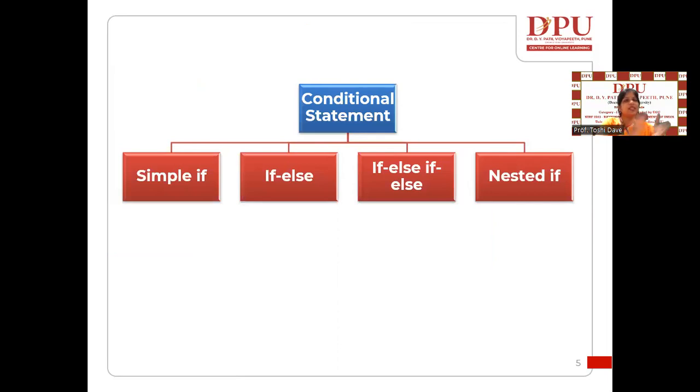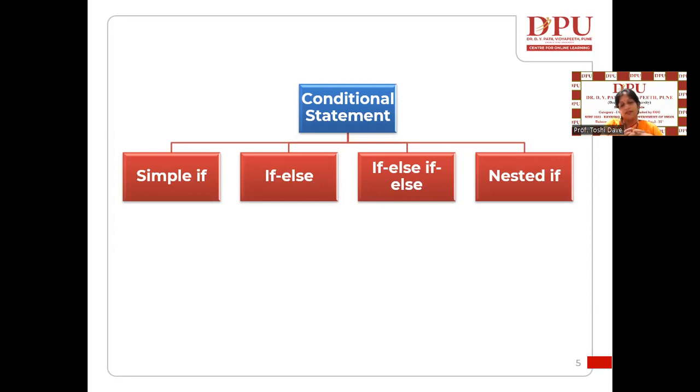Now, second fundamental concept of R, conditional statement. First thing, conditional statement works with conditions only. If there are conditions, only then you are supposed to use them. To use them, there are 4 categories of conditional statements. Although there are more than 4 available, in your curriculum there are 4 only. The very first one is simple if.